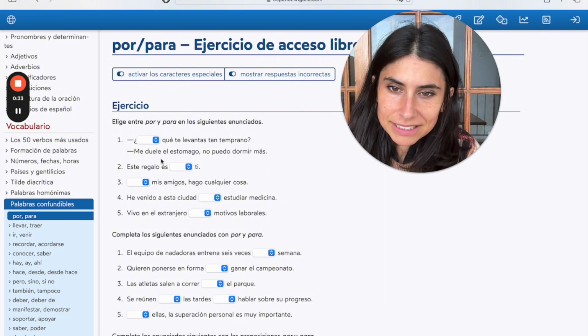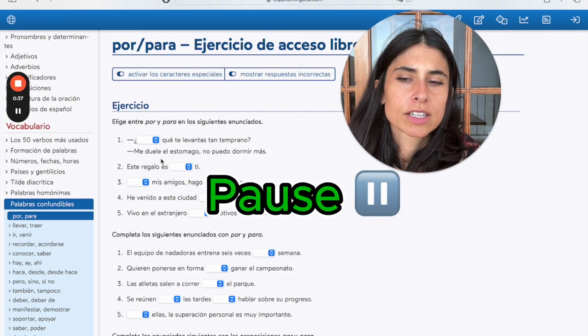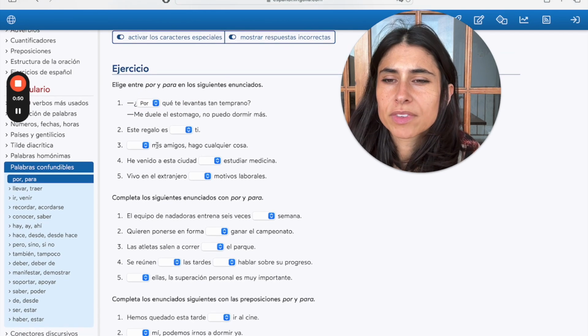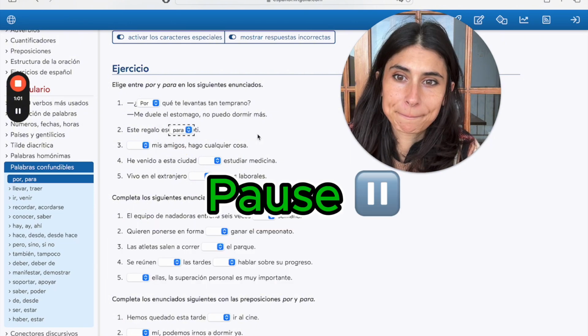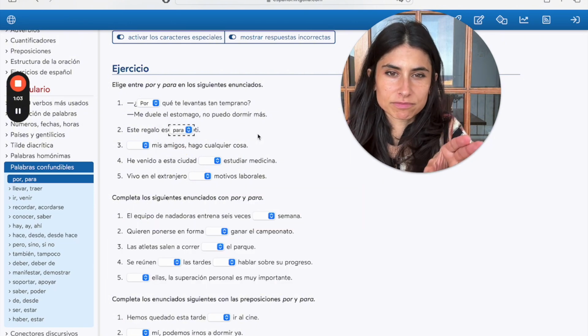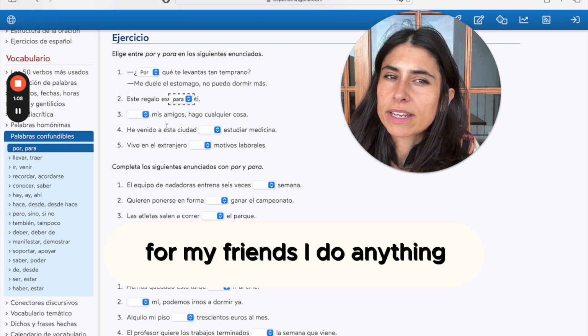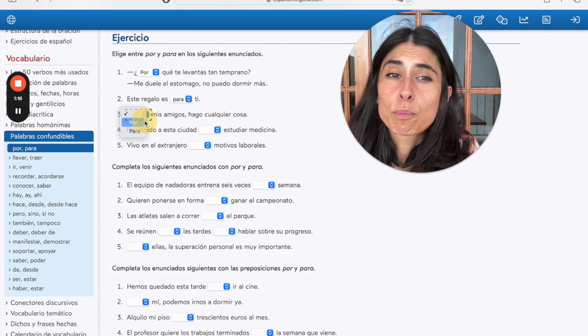¿Por qué te levantas tan temprano? Why do you get up so early? It's por. We're looking at why, the cause. Este regalo es para ti. Para. Destination. Purpose. Por mis amigos, hago cualquier cosa. Por.